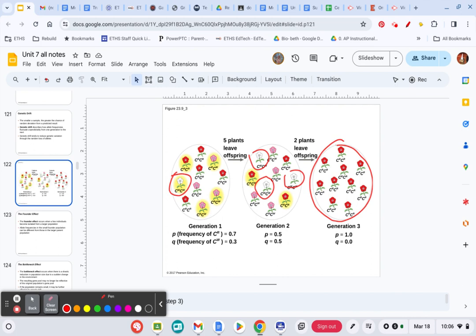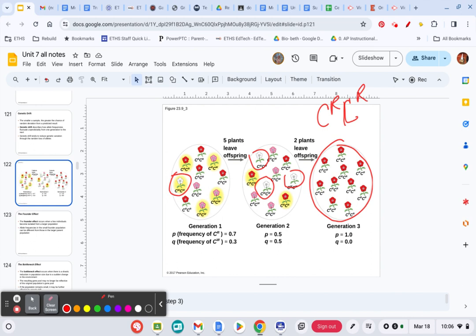The alleles here are all CR. So can you have white flowers anymore, or pink flowers anymore? No, it's fixed. So there's no genetic variation anymore in this population for this particular trait. It's gone.